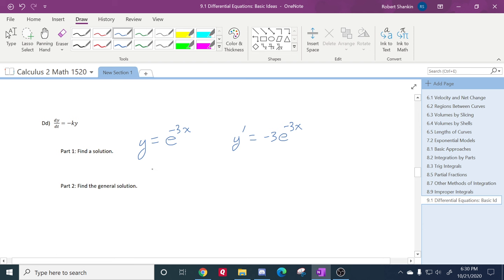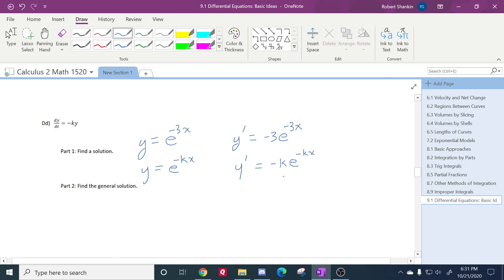So if we generalize that to y equals e to the negative kx, then y prime would be negative k e to the negative kx. Now, let's see if this matches up with this.